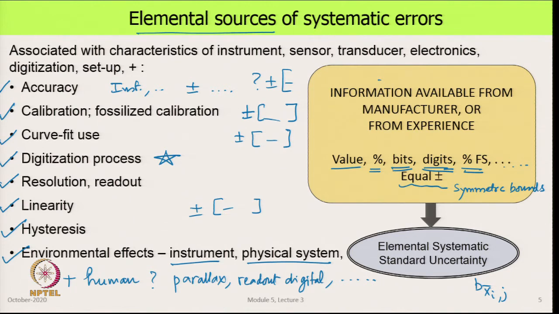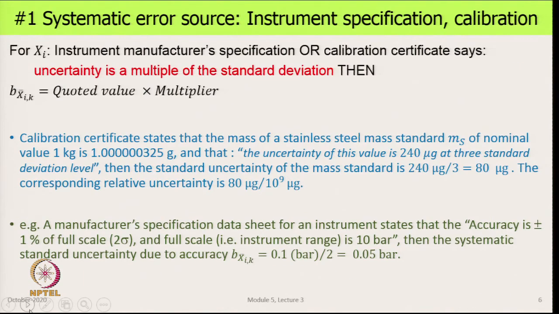So, there are many ways of doing this depending on how this information is available, and we will look at these in the next few slides. The first one: we say that we have information about instrument specification and its calibration.